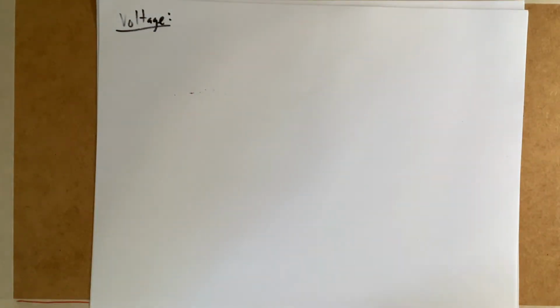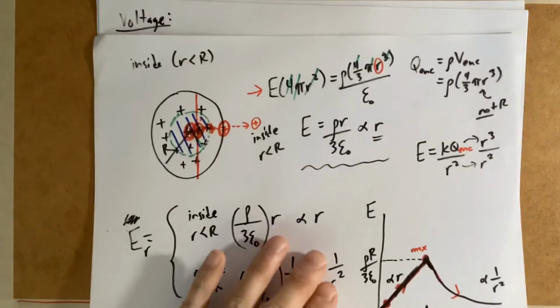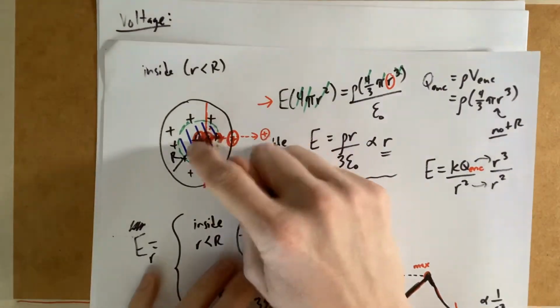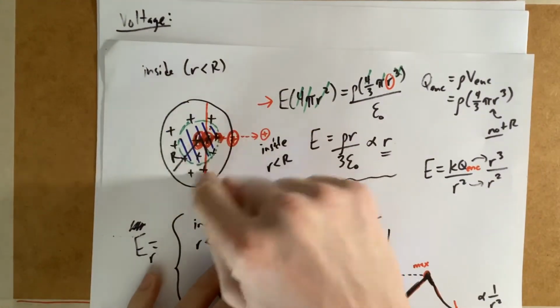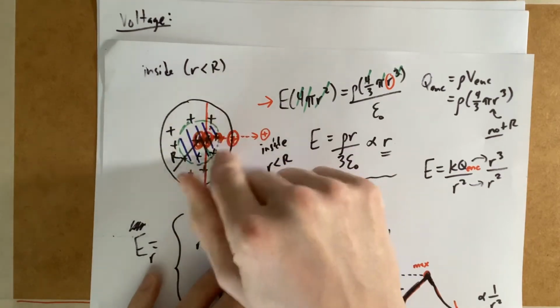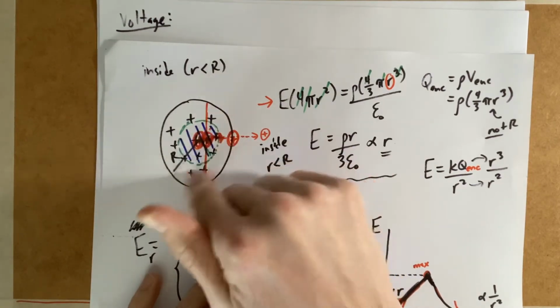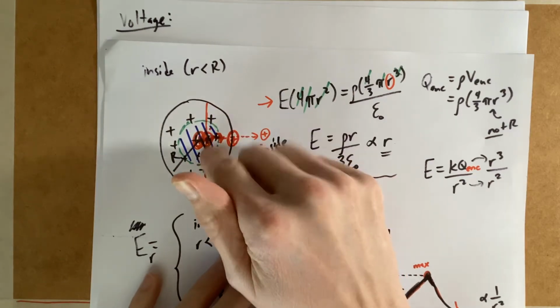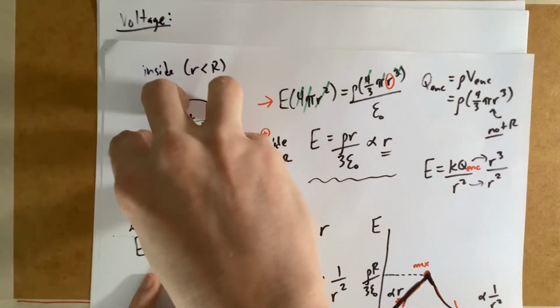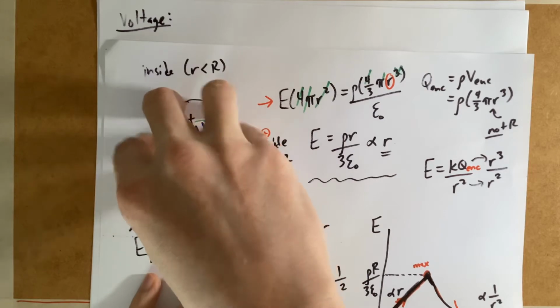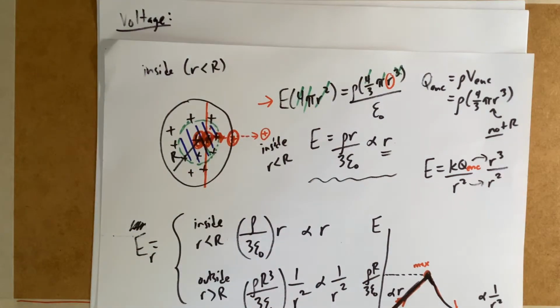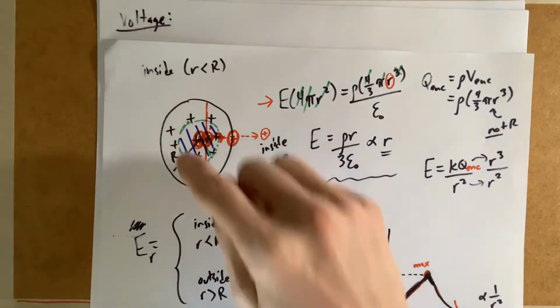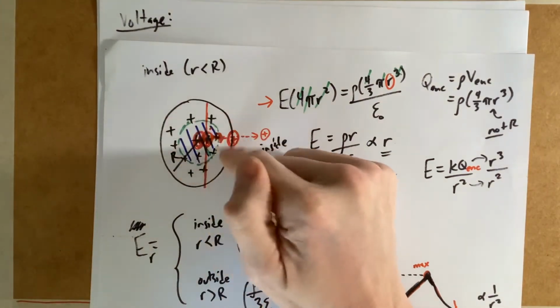Oh, and the other thing I should mention, I meant to mention this at the beginning, so I'll just throw it in here. How exactly do you get something like this? How do you get a sphere of uniform charge density? This can't be a conductor, because in a conductor the charge would all repel to the surface. And for an insulator, we learned in homework 2 that the charge essentially resides where you put it. So how in the world did somebody create this?